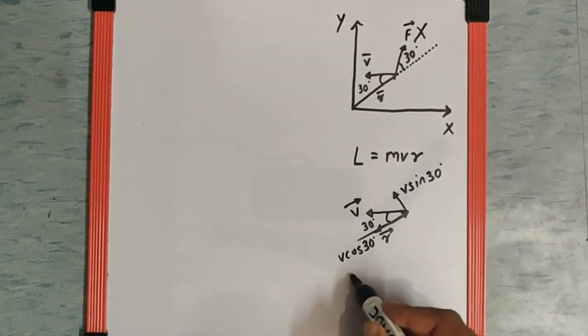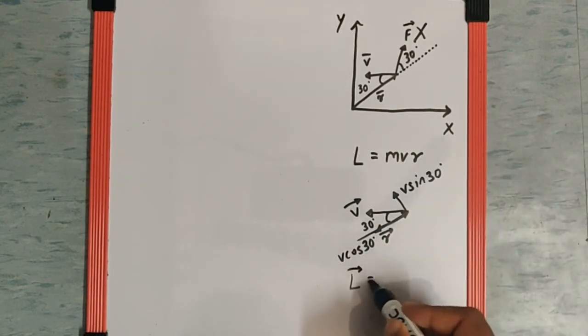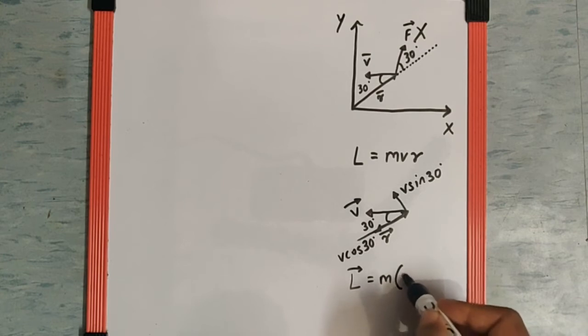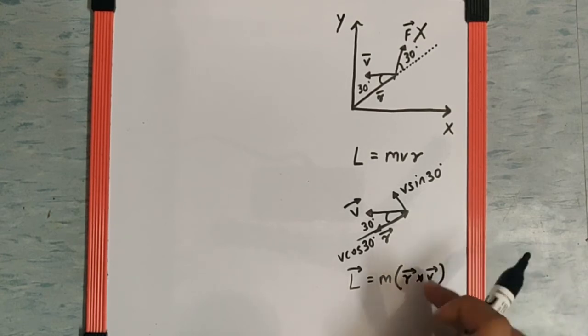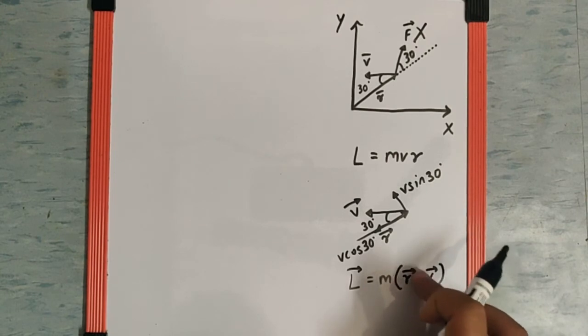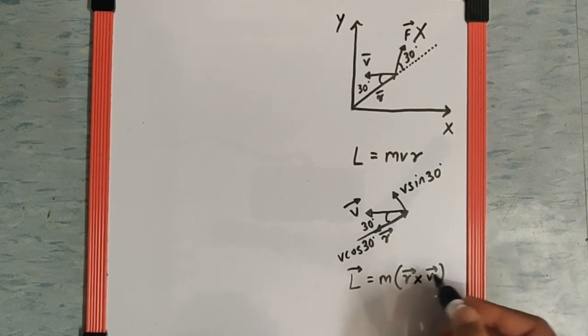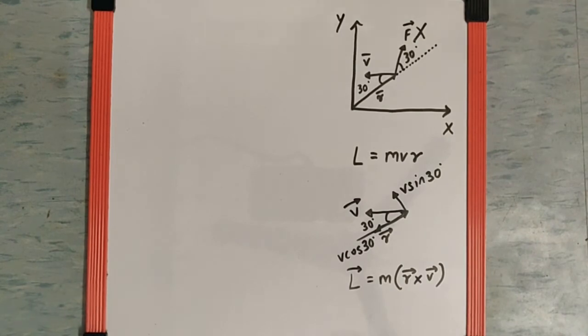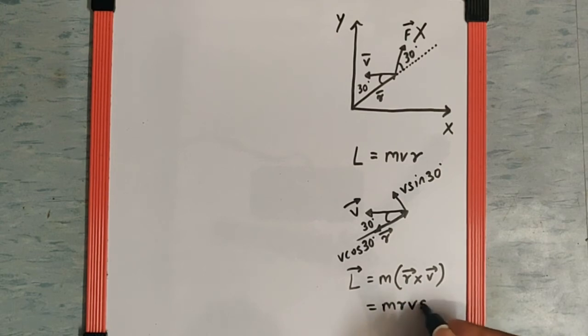Now as vector form, we can say L bar is going to be m times r bar cross v bar. Now this is very important. So it is r bar cross v bar, and that means it is going to be mrv sin theta.